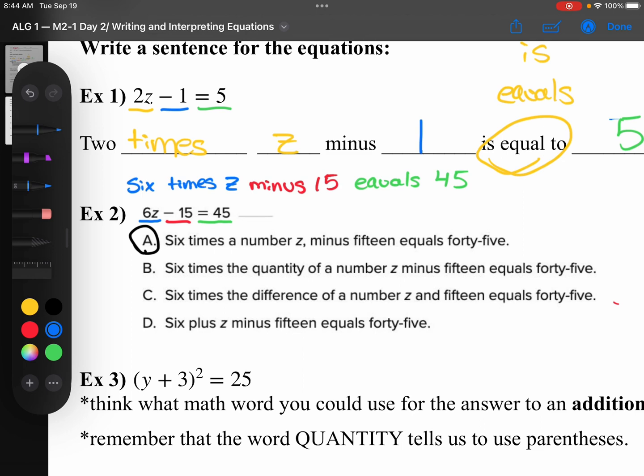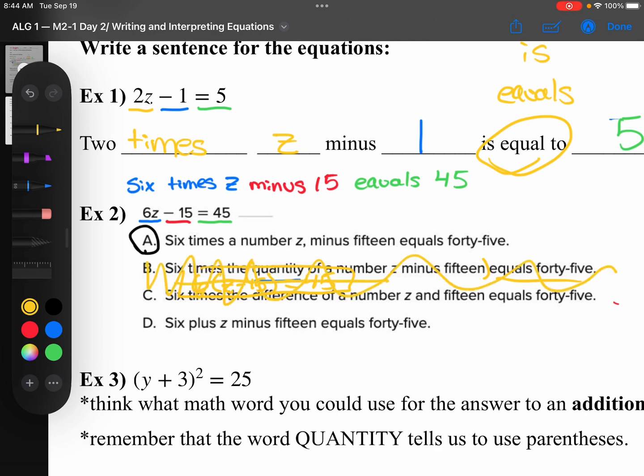Okay, let's check B. 6 times the quantity. So quantity tells me parentheses. So this is saying I'm multiplying 6 to the quantity of a number z minus 15, and then it equals 45. So this is not what we were given, okay?